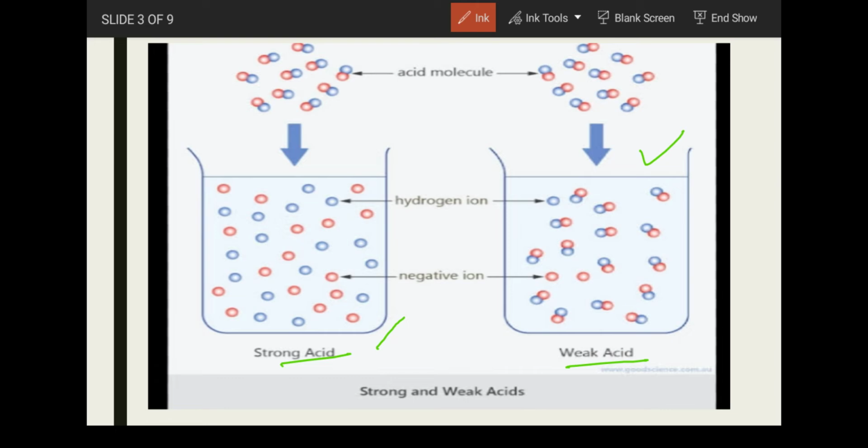As we can see here, the molecules are completely ionized in this case, and in this case the molecules are not completely ionized. So this is the weak acid case and this is the stronger acid case.